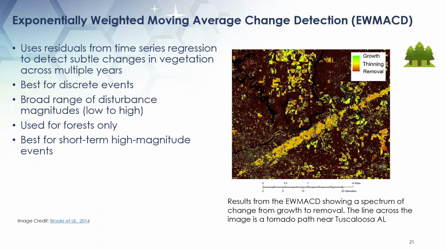And this process allows for identification of, again, more high magnitude disturbance like fires. And this image here shows a wide range of change from growth in green to thinning in yellow and removal of trees in red and orange. One interesting thing about this image is the line that goes straight across the image is actually a tornado path near Tuscaloosa, Alabama.